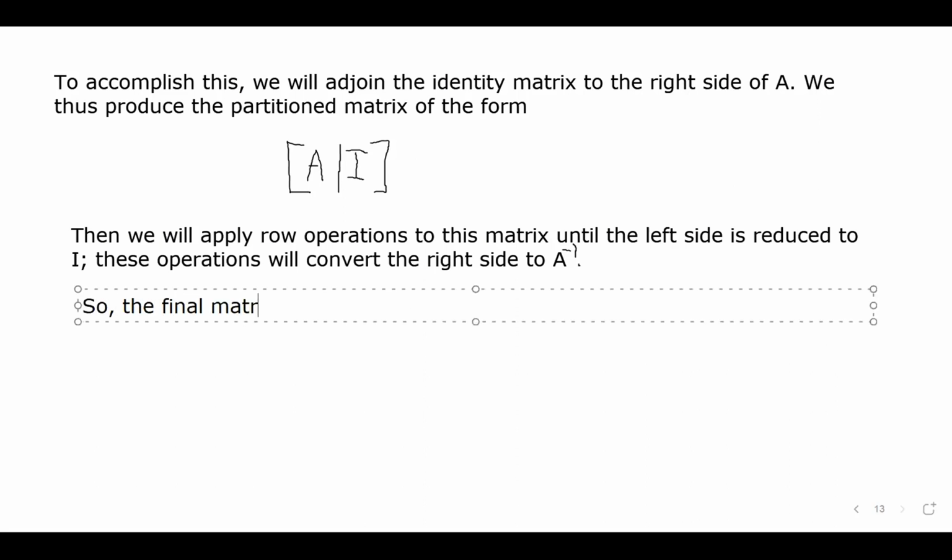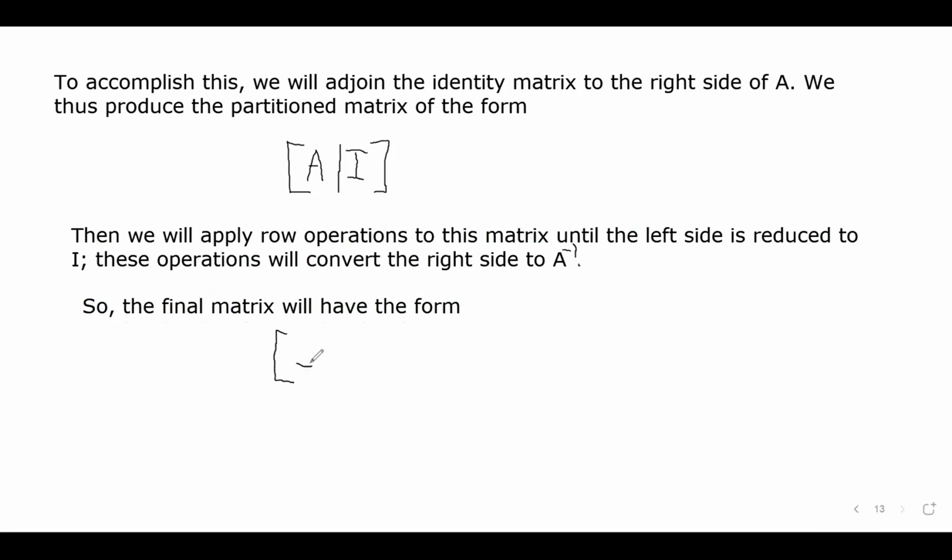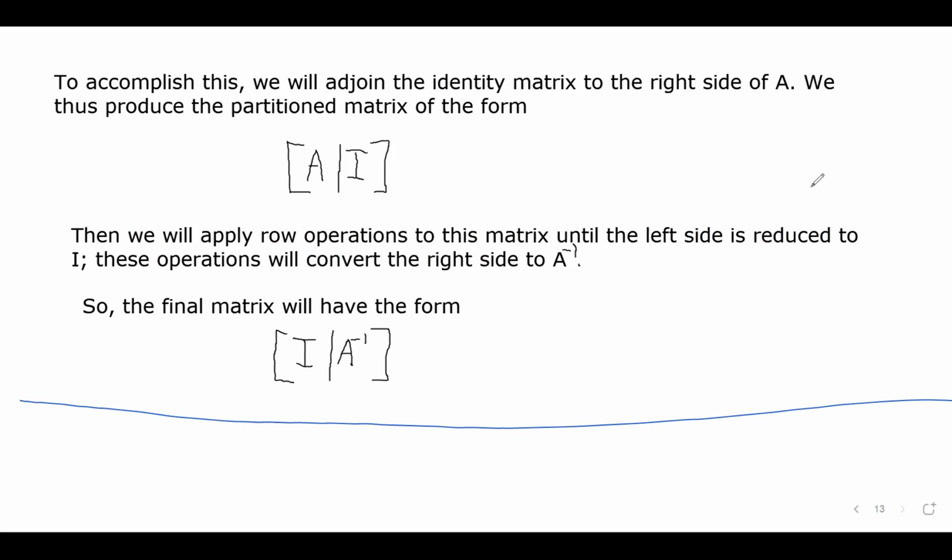So the final matrix will have the form where on the left side, it's the identity matrix, and on the right side, it's A inverse. So that's the end of the description of this procedure.